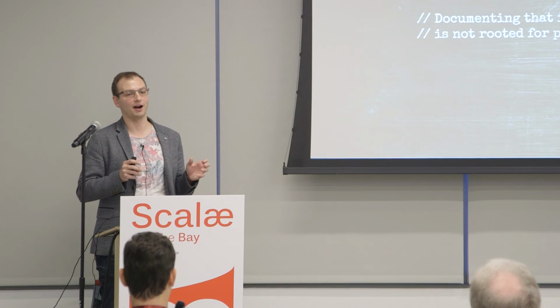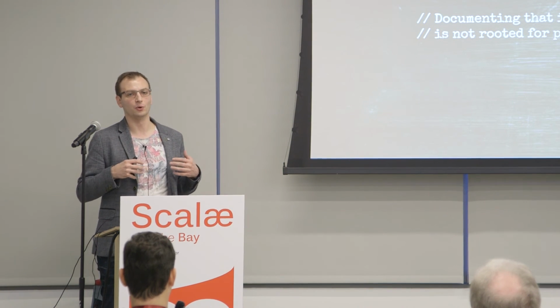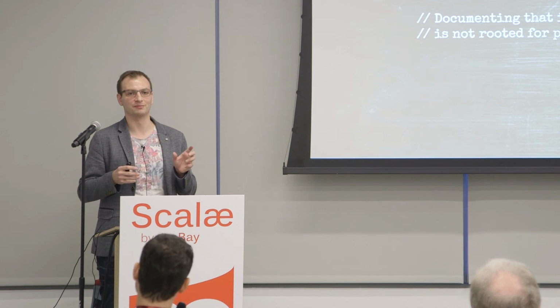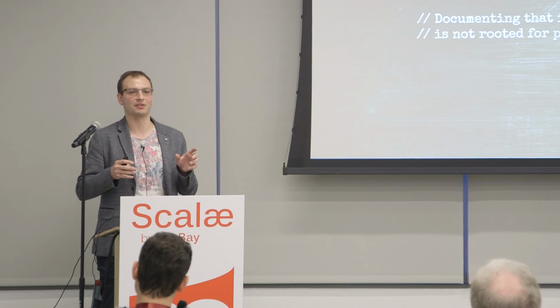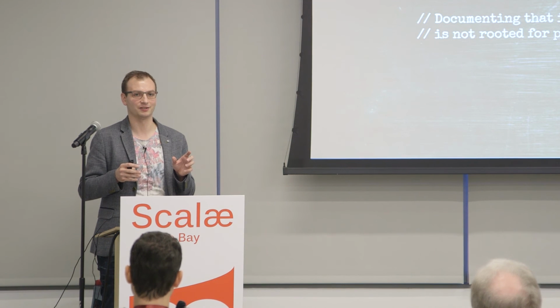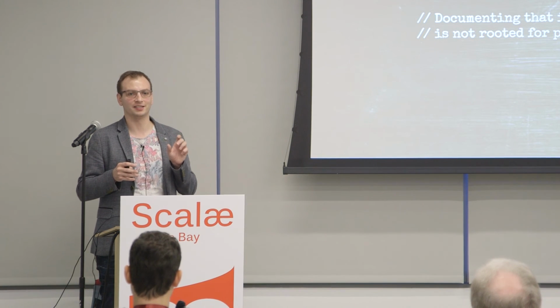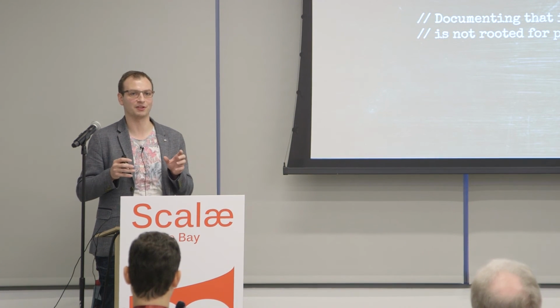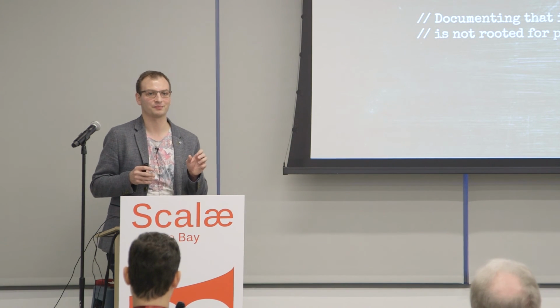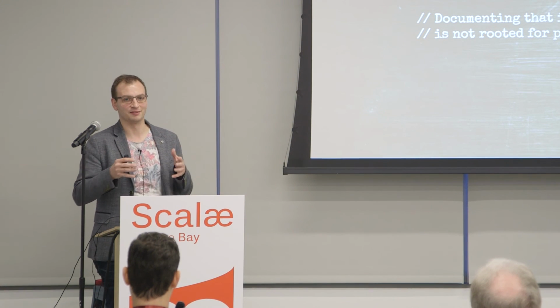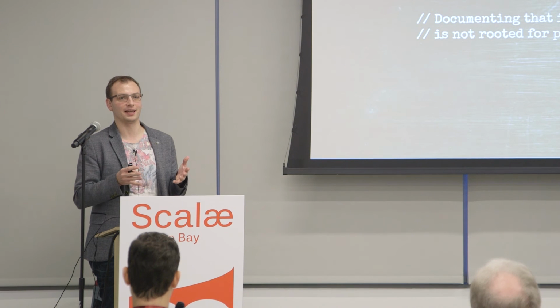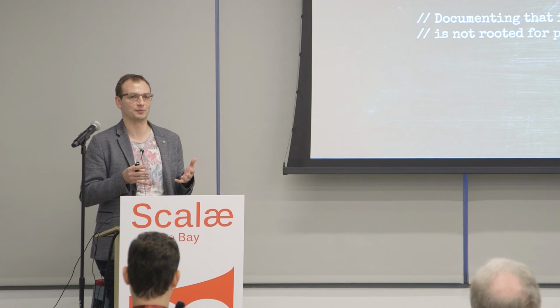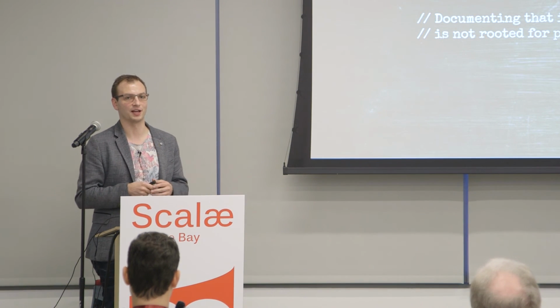And it will compile to a call on that object to a method called selectDynamic, which passes the identifier, the supposed method name, as a string literal. So it's sort of lifting from what appears to be a method that you expect to exist to a string literal with that name.